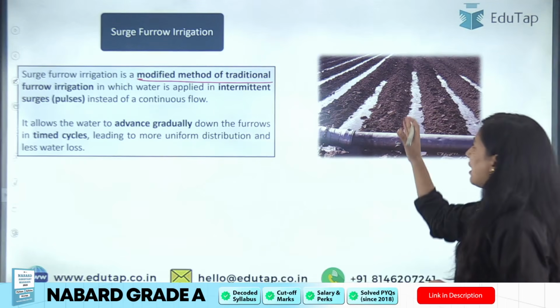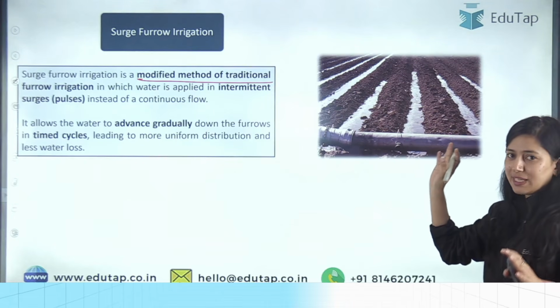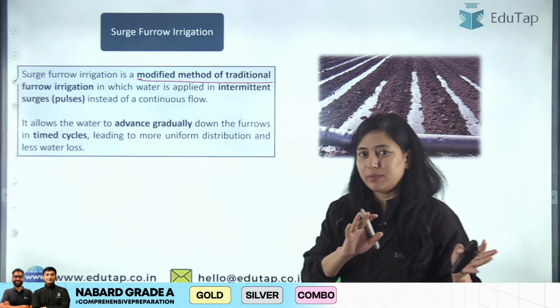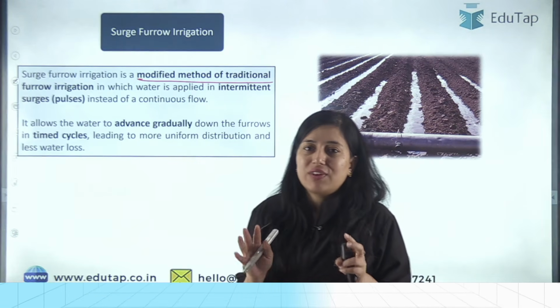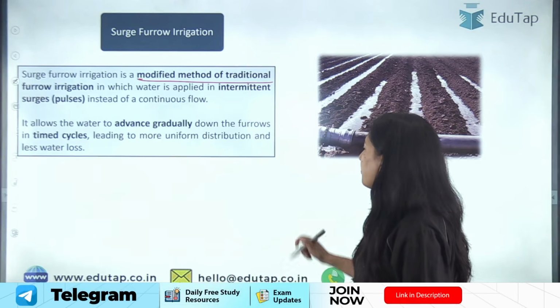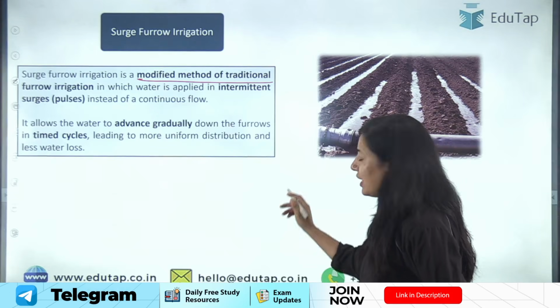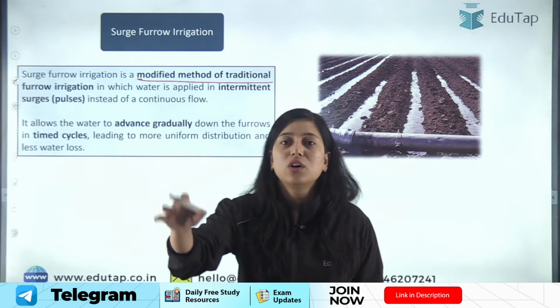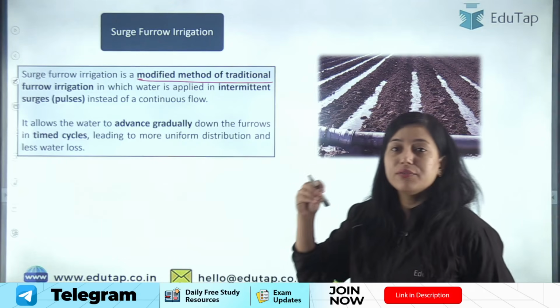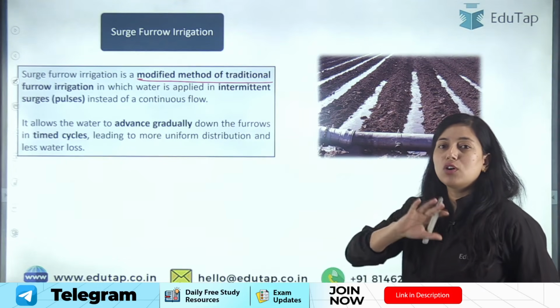Again, here we have furrows. Here we will develop the same ridge and furrow as in the traditional method, but the pattern of application of water is very different. What we are doing here, basically, is not providing water to flow in the furrows at once. We are using an on-off cycle.